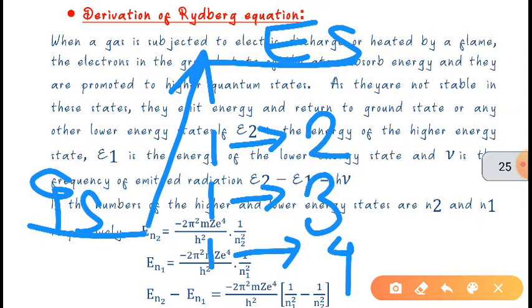As I have explained earlier, I am explaining again: when this electron reaches a higher energy level, it is said to be in the excited state.